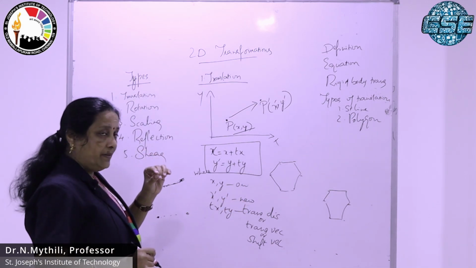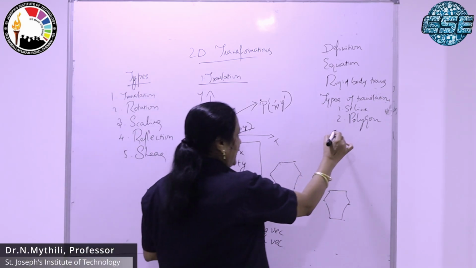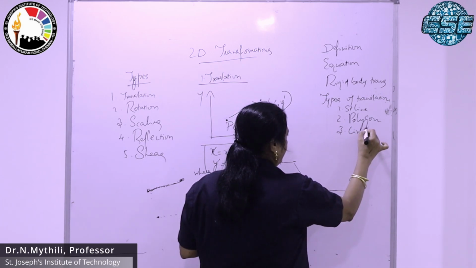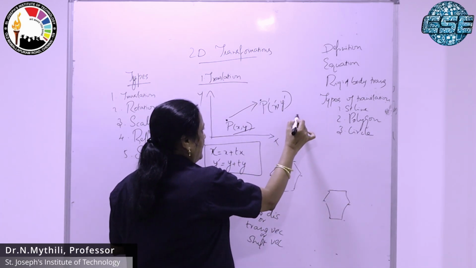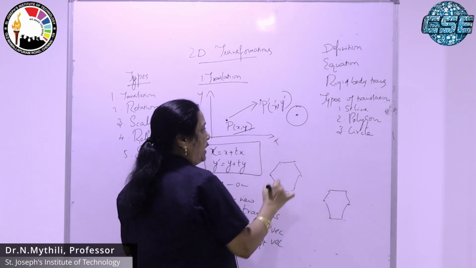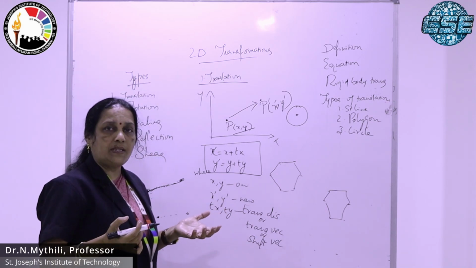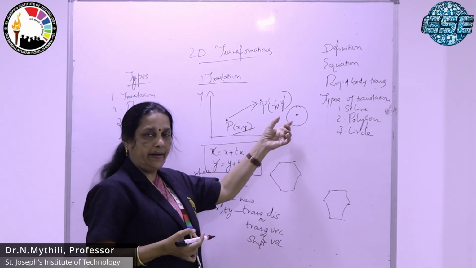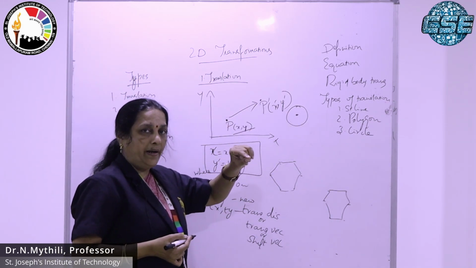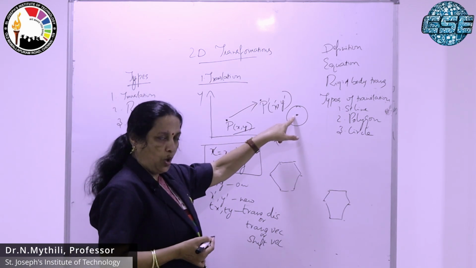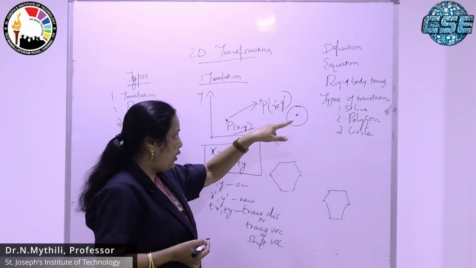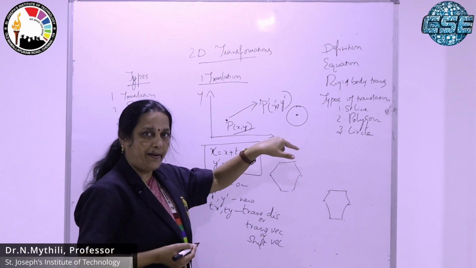Okay, in the case of a circle, suppose here we have a circle. A circle is generated by plotting the center coordinate of the circle and drawing the circle around the center coordinate using a circle drawing algorithm.